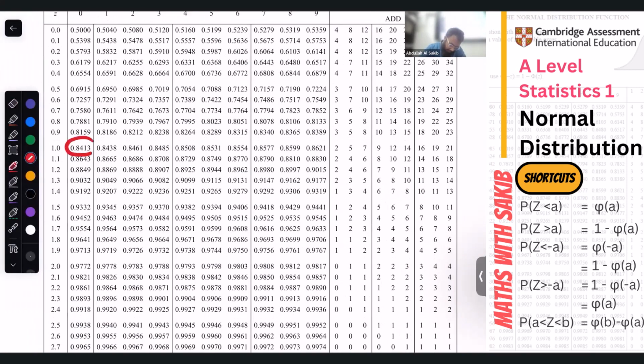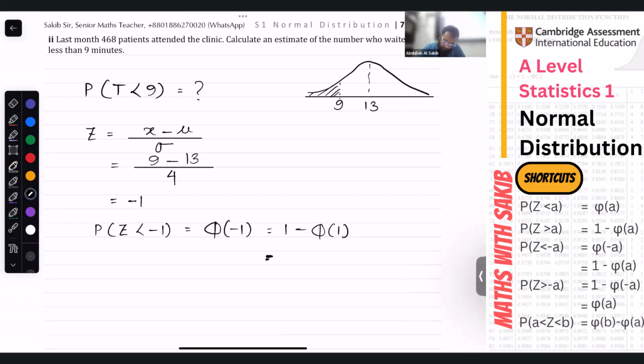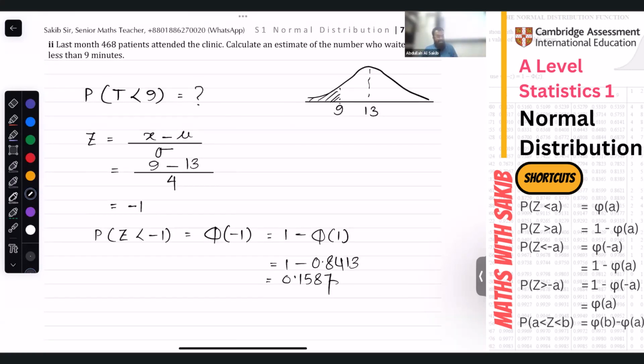So this is our value, 0.8413. Clear? So 1 minus 0.8413 is 0.1587.